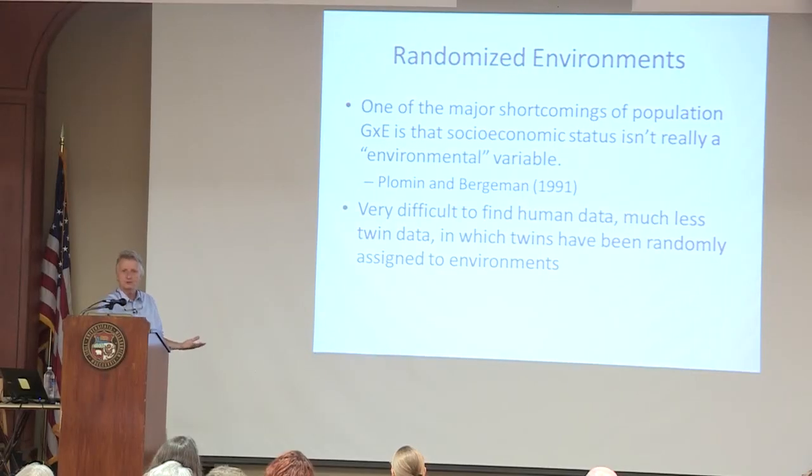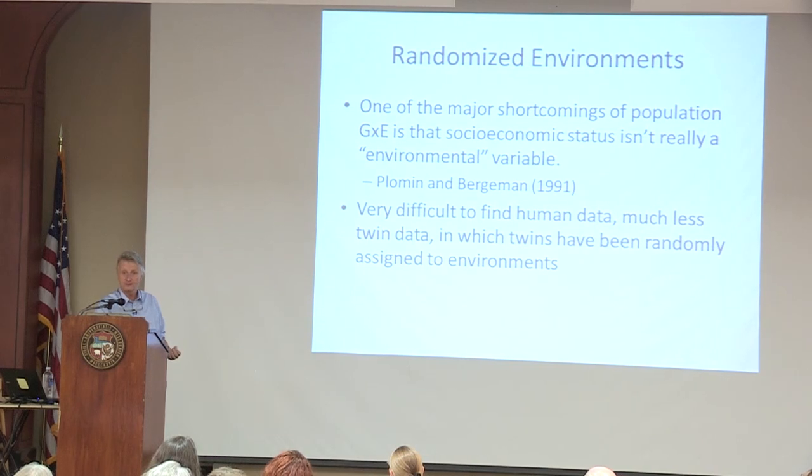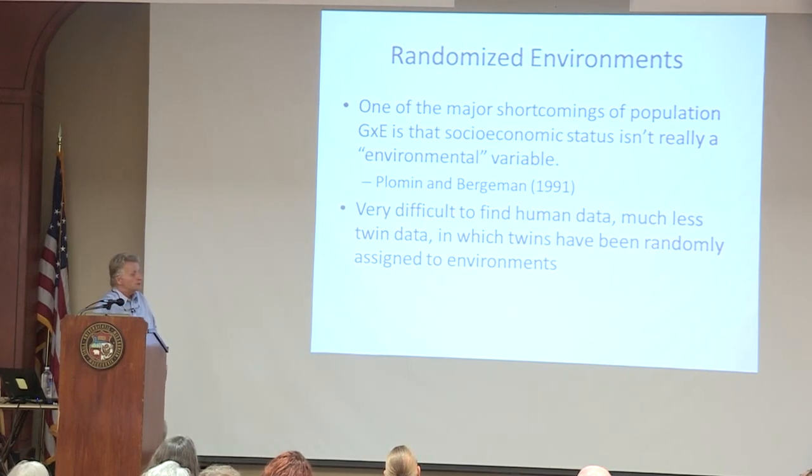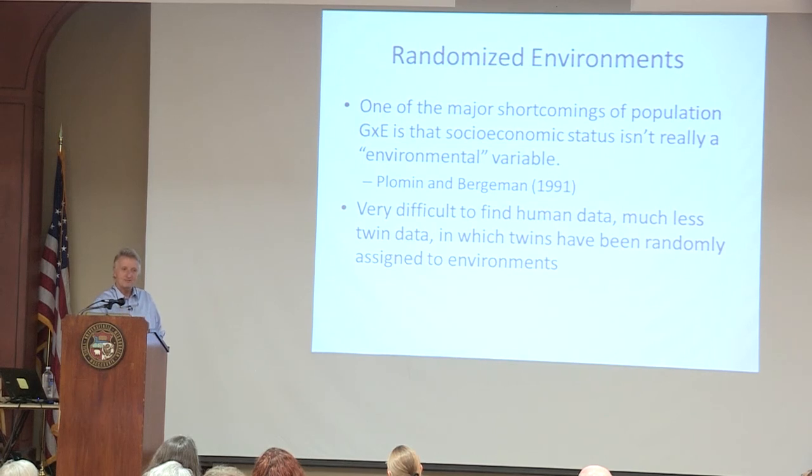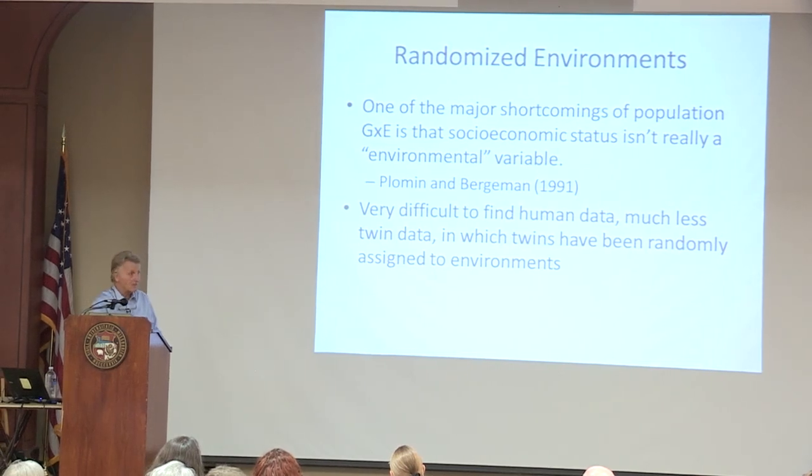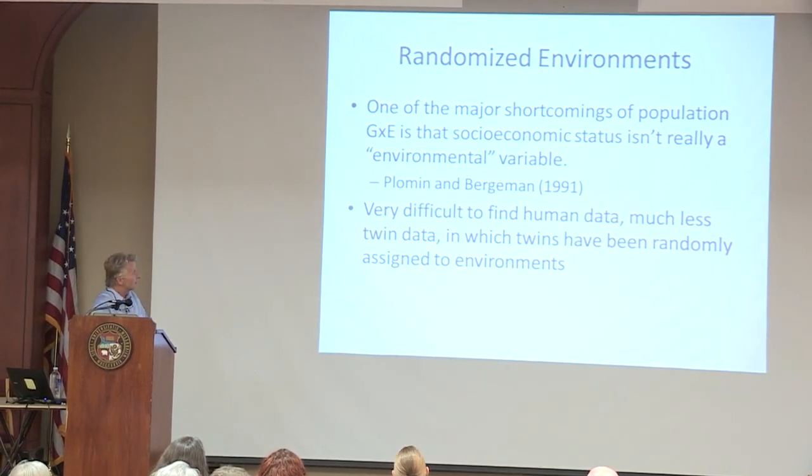People come to their socioeconomic status by a whole lot of routes. Some of them are even related to genetics in a very complicated way. So it would be nice if, when we study mice, we can randomly assign mice to environments. And we normally think of it as being impossible to randomly assign humans, and especially human twins, to random environments.